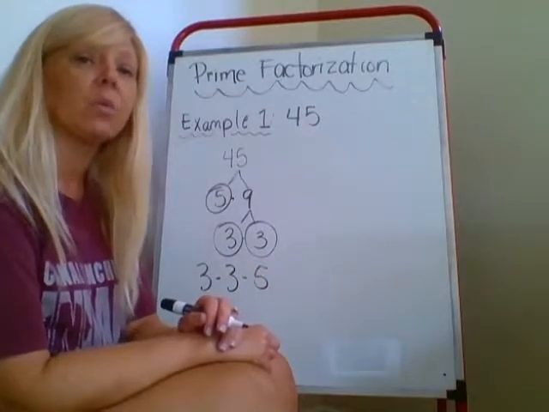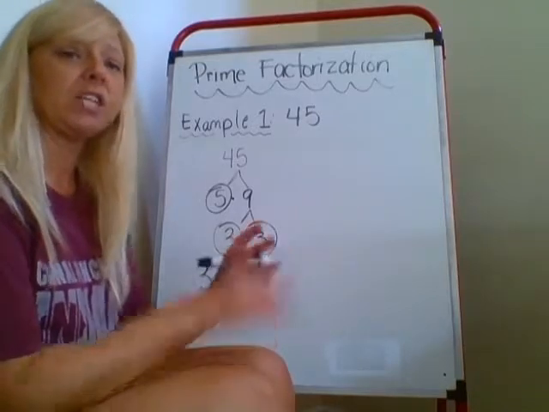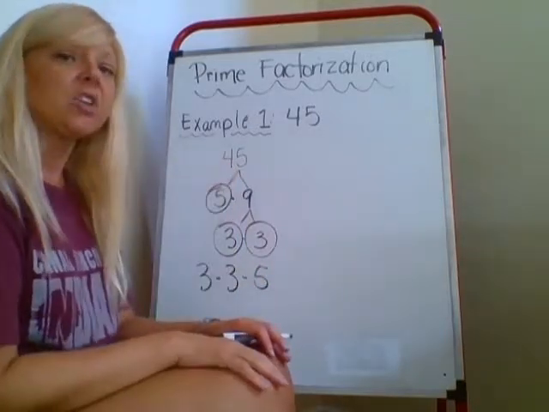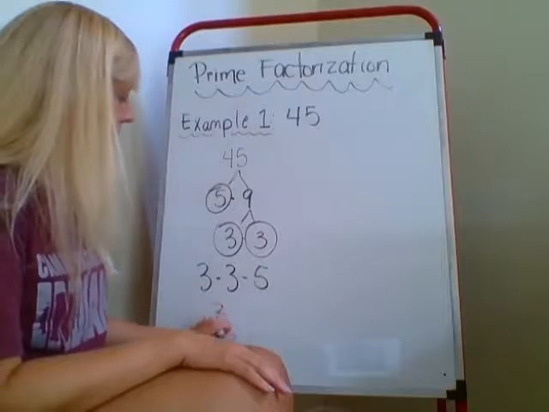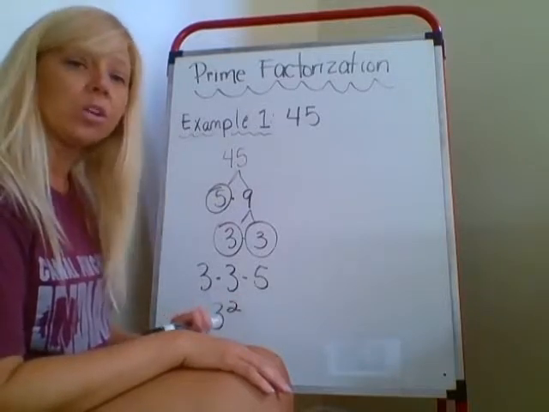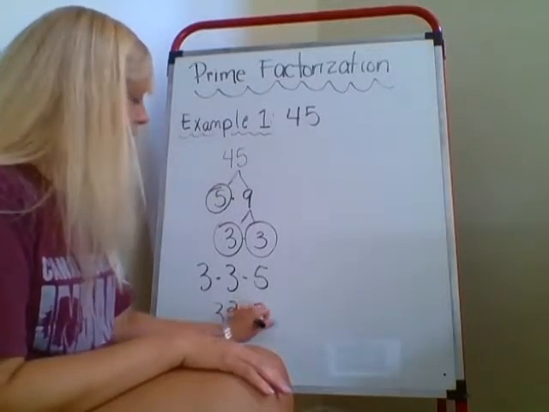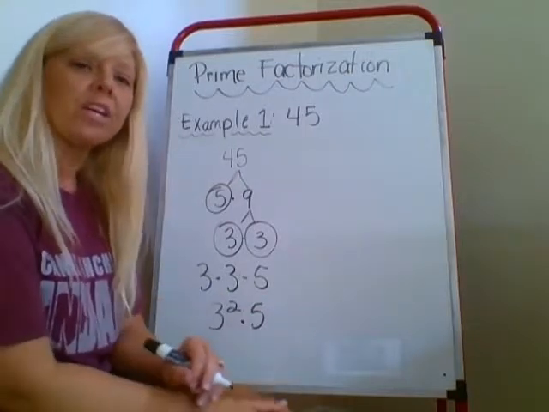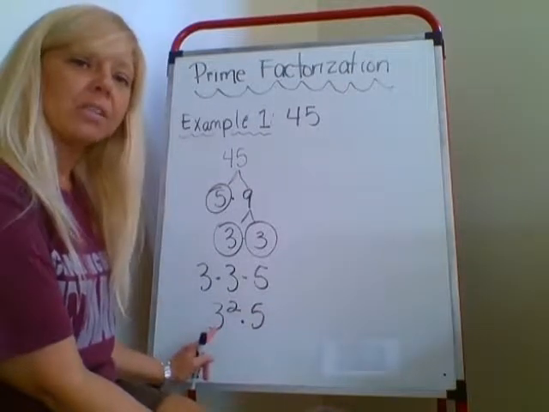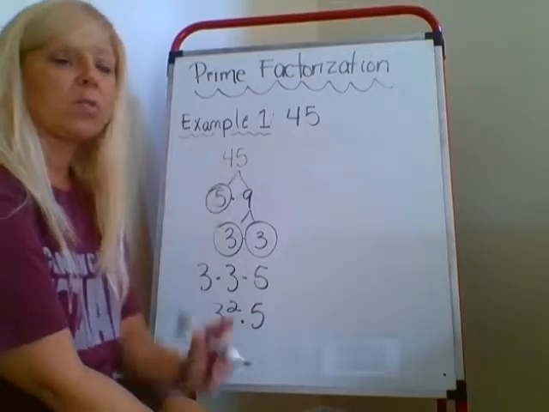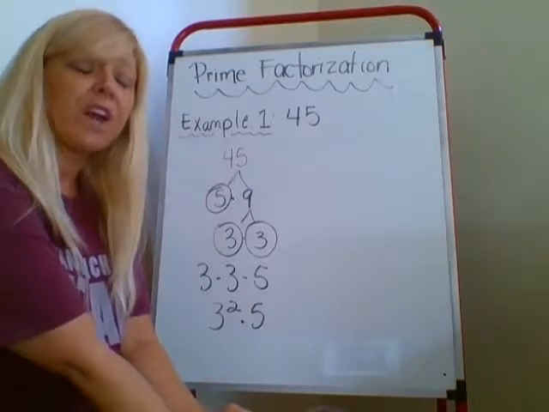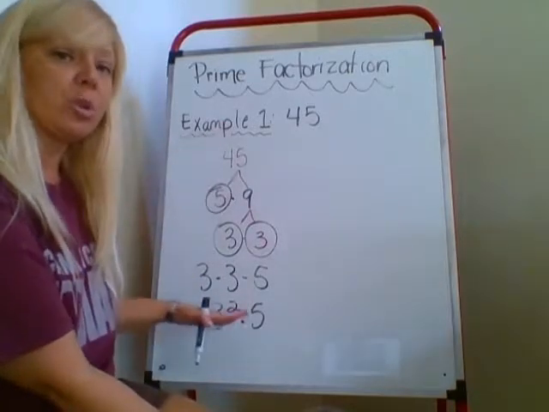Remember, exponents are a way to write repeated multiplication a little bit more condensed. So 3 times 3 can also be written as 3 to the second power or 3 squared times 5. So if I use my order of operations, 3 to the second power is 9, and 9 times 5 is 45. So that's the prime factorization of 45 with the tree method.